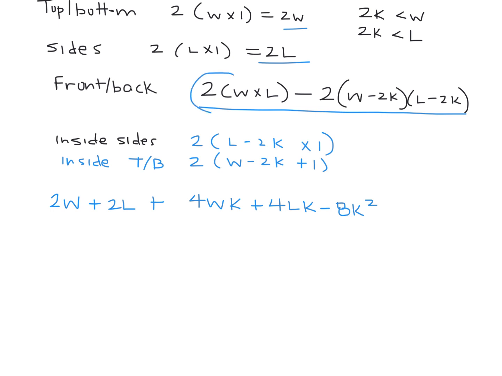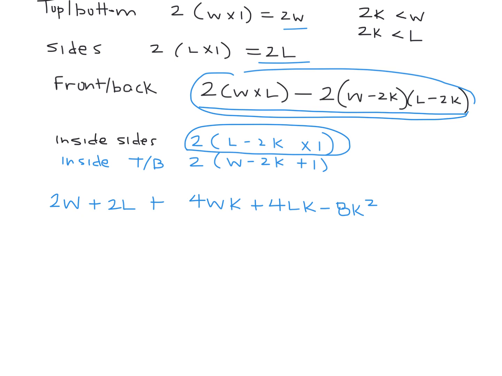And then we have this one, plus 2L minus 4K, and this guy, plus 2W minus 4K, and all of that is equal to 532 according to the question.